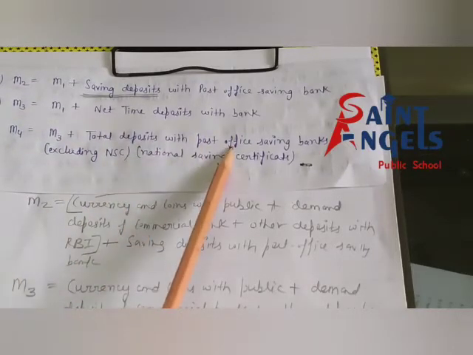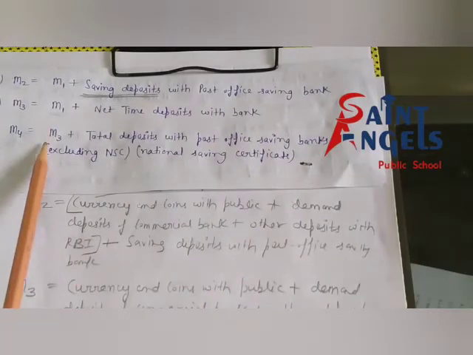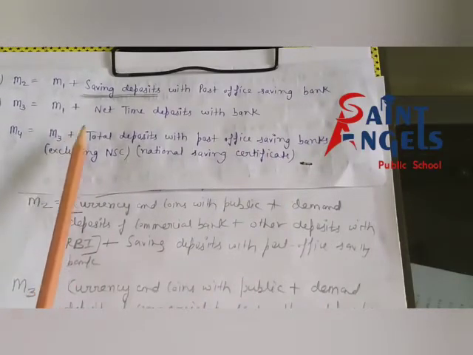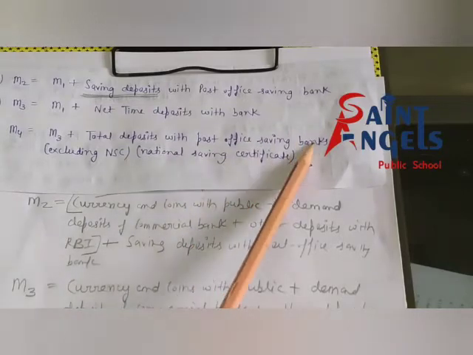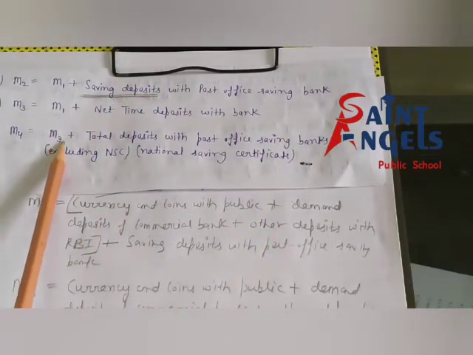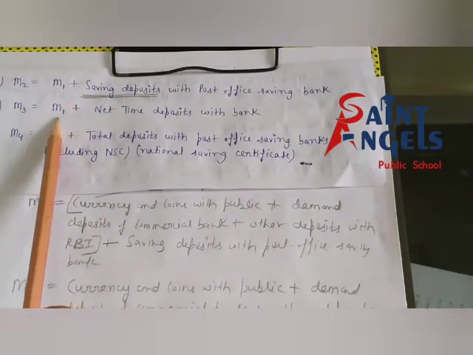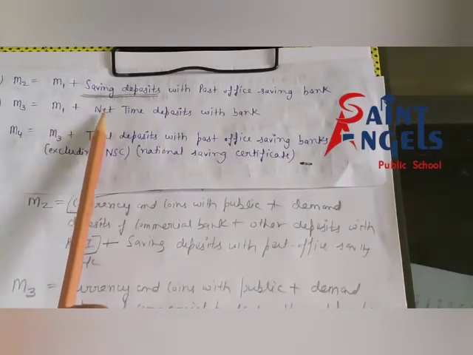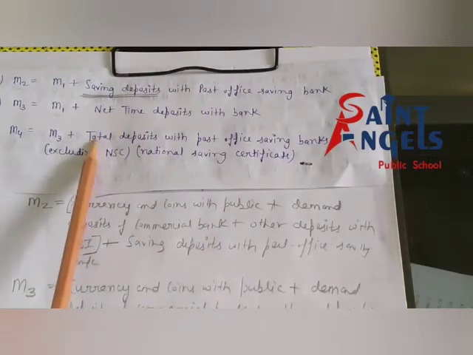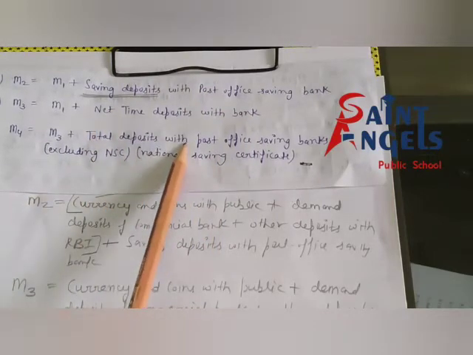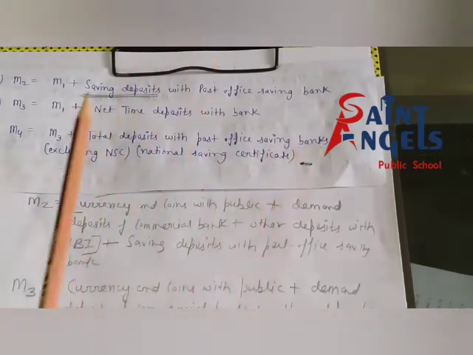M3 plus total deposits with post office saving bank. What is the formula of M3? M1 plus net time deposit with bank, plus total deposits with post office saving bank.